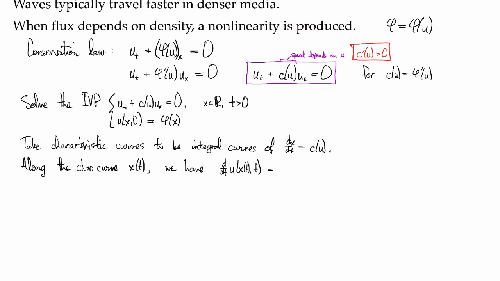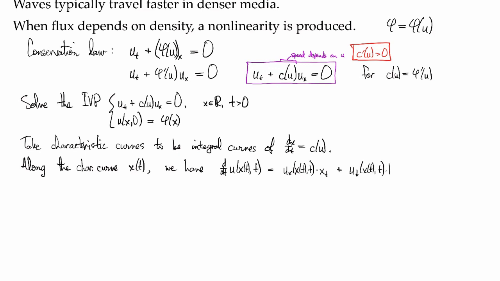So we're going to need to do a chain rule now. So we have u sub x at x of t times dx/dt, plus u sub t at x of t times the derivative of t with respect to t, which is just 1.